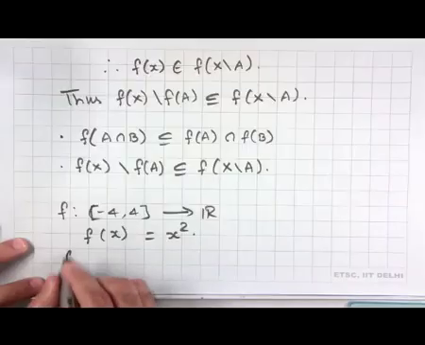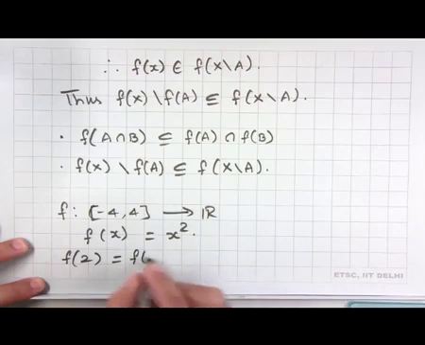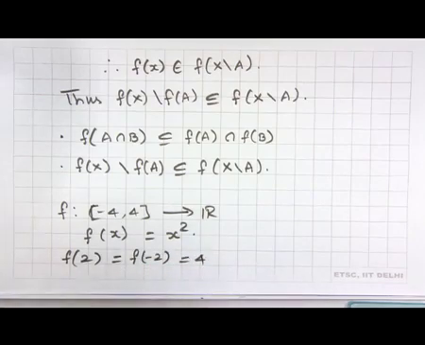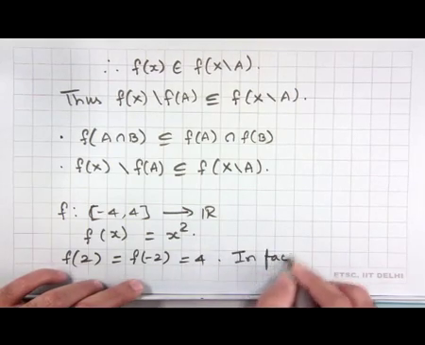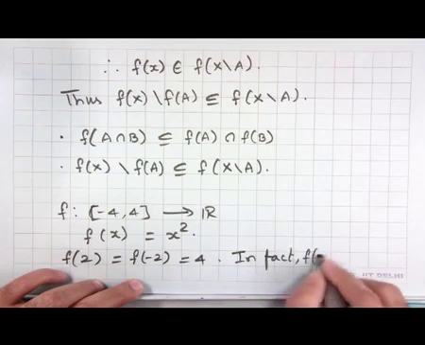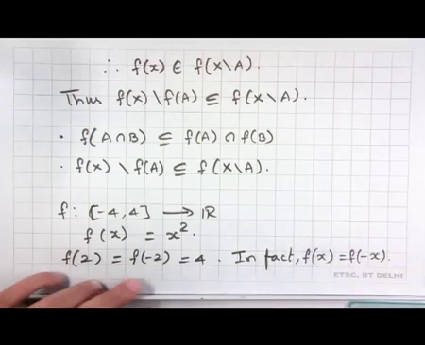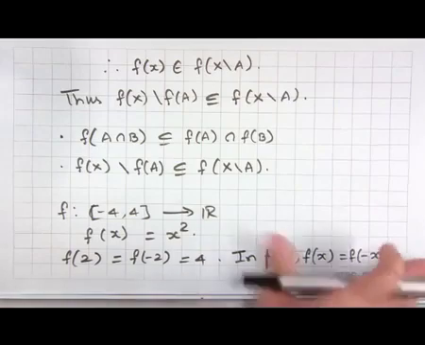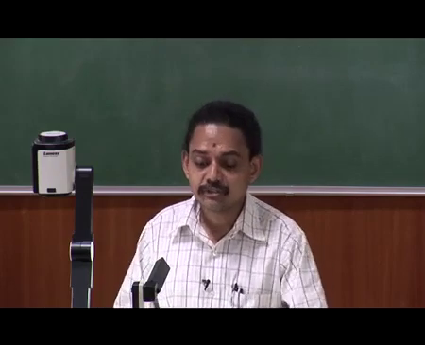If you notice, f of 2 equals f of minus 2 equals 4. In fact, f x equals f of minus x. That is what we have. So, let us try to look at a function which does not behave in this manner.